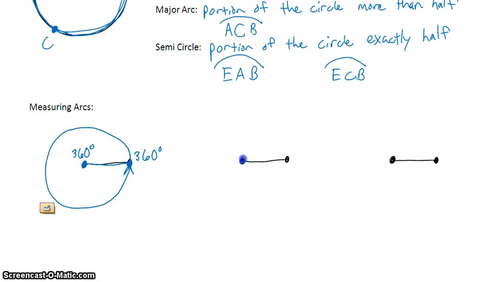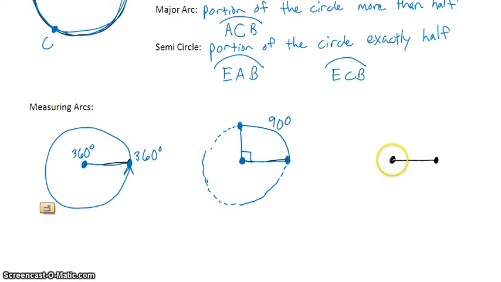If I take that same idea and I make this line segment the radius of a circle with this point being the center, and I rotate this far, my central angle is going to be 90 degrees. And the portion of the circle that I've created is 1/4 of a circle. 1/4 of 360 degrees is 90 degrees.